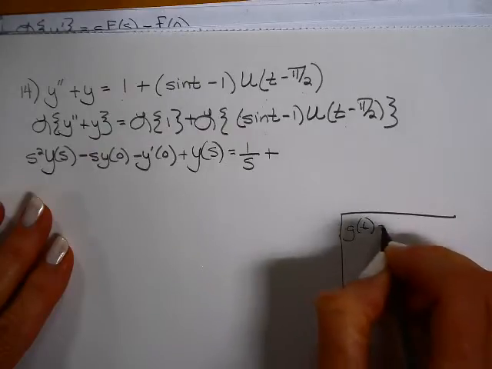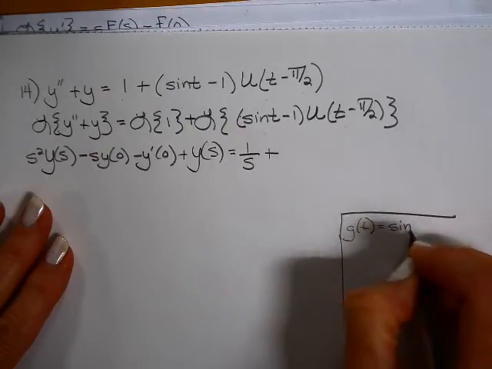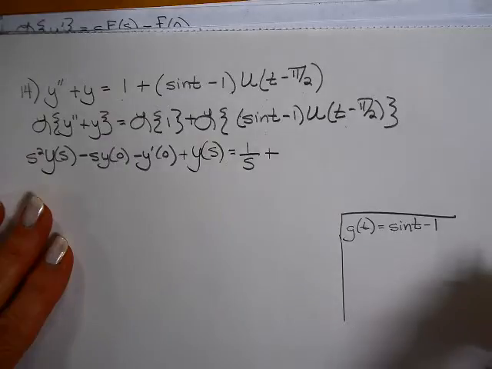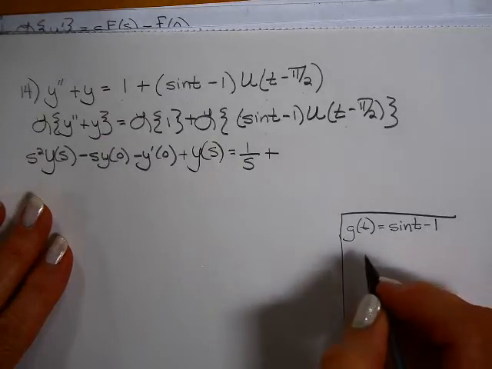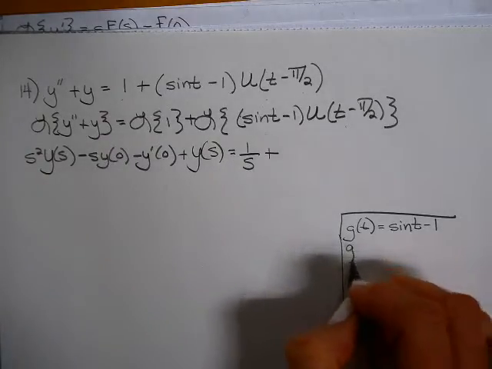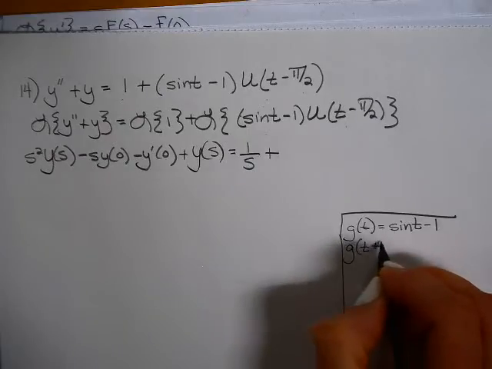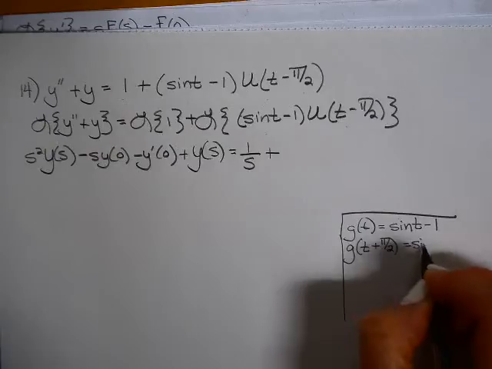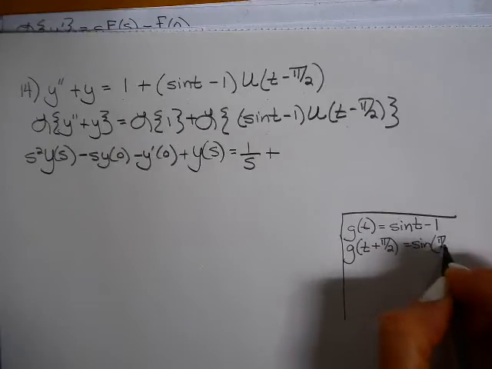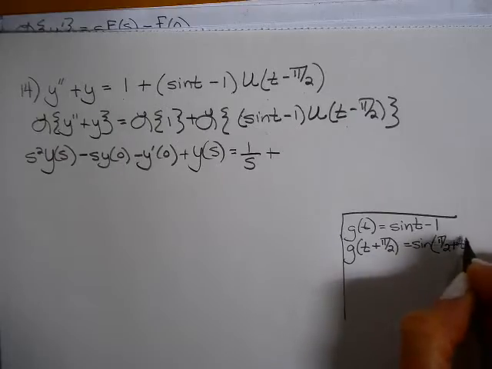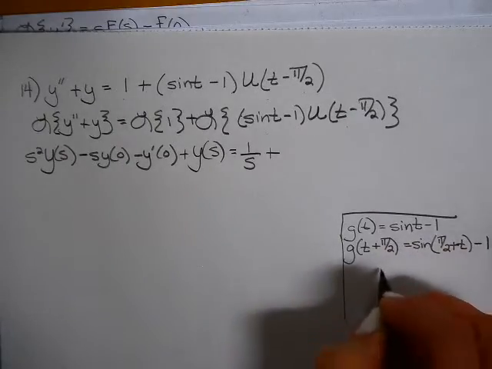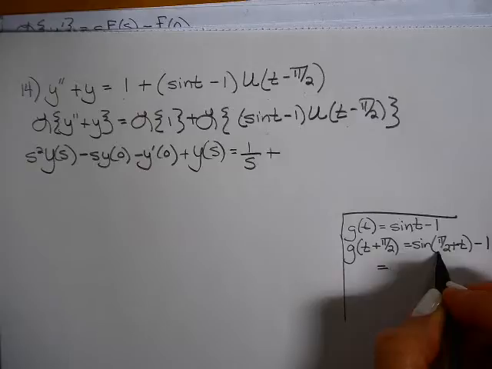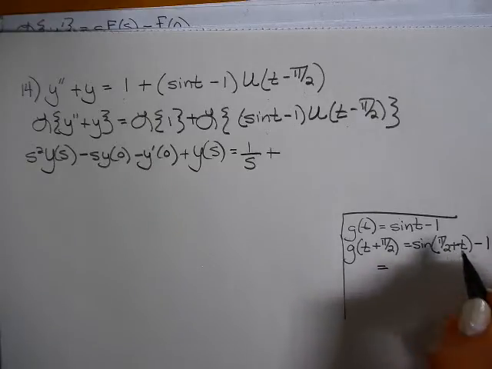My g of t function is the sine of t minus 1. I need to do the Laplace transform of g of t plus pi over 2, which is the sine of pi over 2 plus t, got that backwards, minus 1. Put this in your calculator because this will simplify.